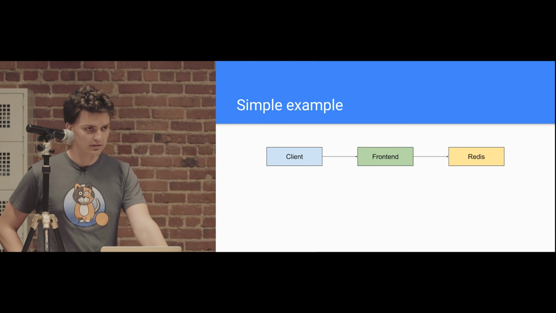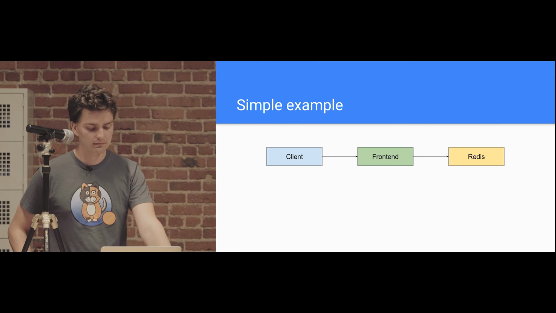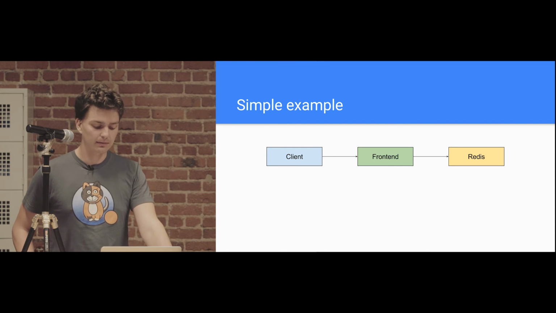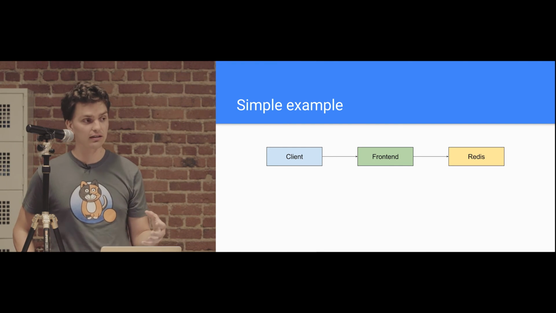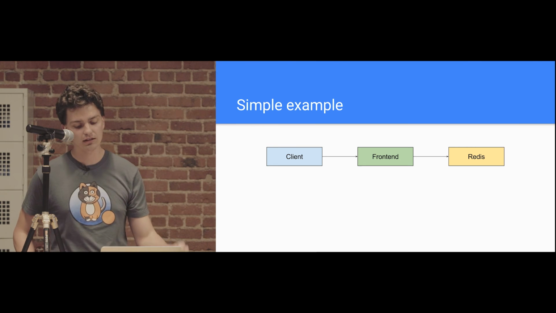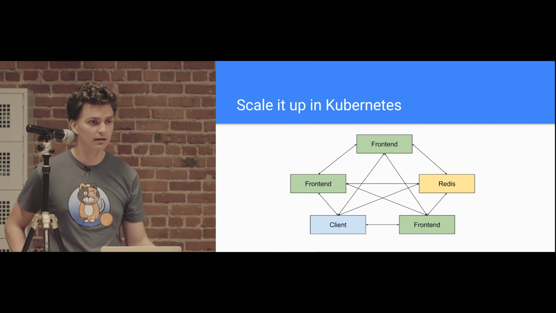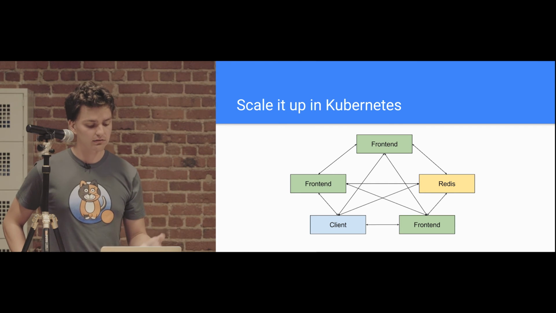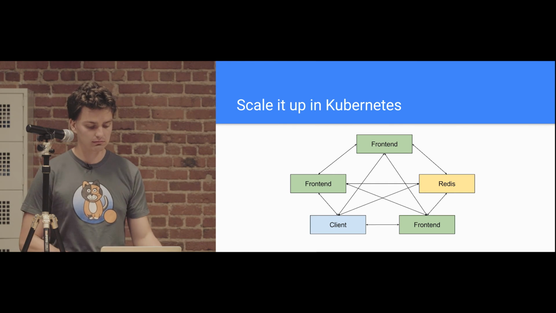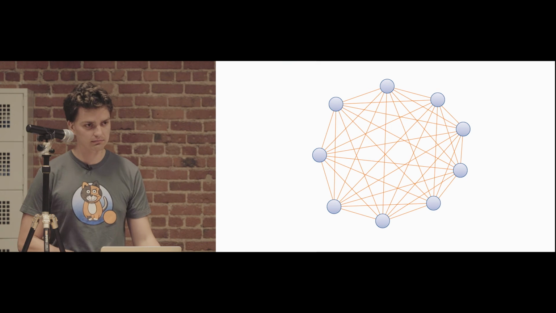So a simple example of this, let's say we've got a really simple application. It's a front end. The client accesses the front end, and the front end stores some data in Redis. We stick this on Kubernetes, and we scale it up a little bit. And already, it looks a little bit like this.